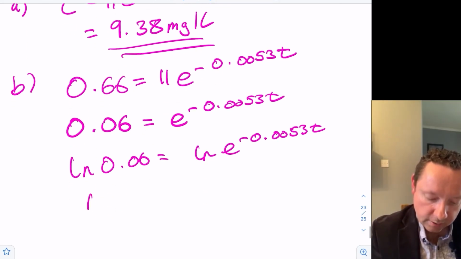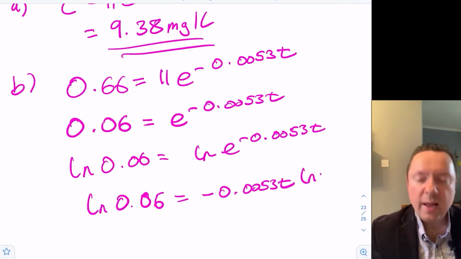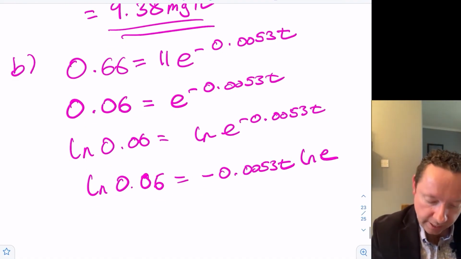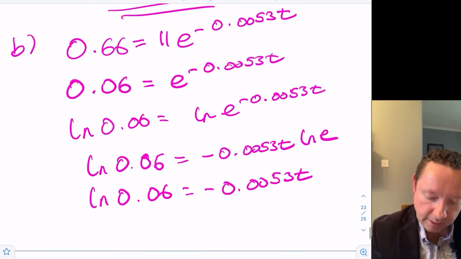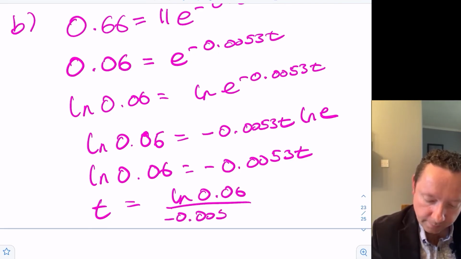So ln 0.06 equals minus 0.0053t, taking that to the front, ln e. But ln e is 1, or log e is 1. So that means that ln 0.06 equals minus 0.0053t. And then dividing through by the negative there, I get ln 0.06 divided by minus 0.0053.